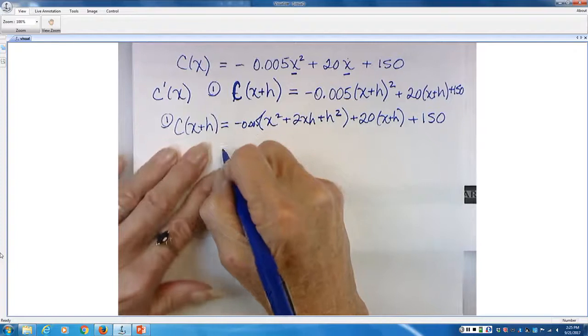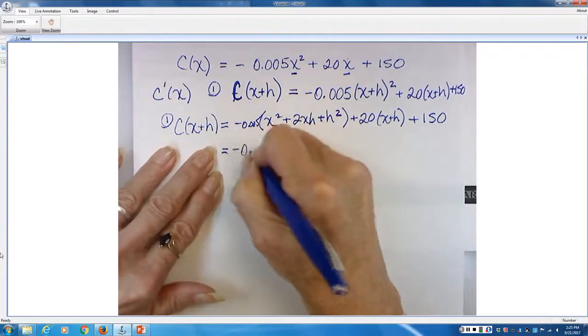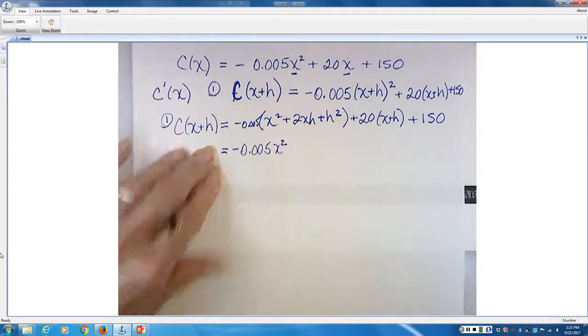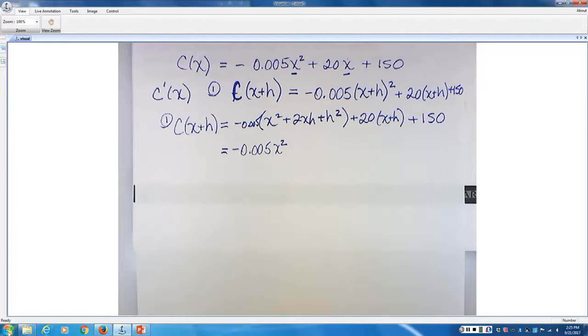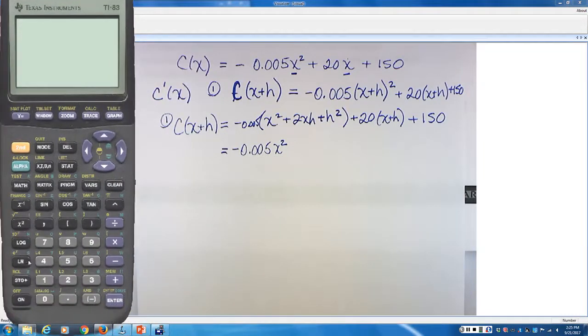So C of X plus H is equal to negative 0.005 X squared. And then I need to multiply that by 2. And just to be sure I don't mess up, I'm going to grab a calculator and multiply it on the calculator, even though I shouldn't have to. And I get negative 0.1.